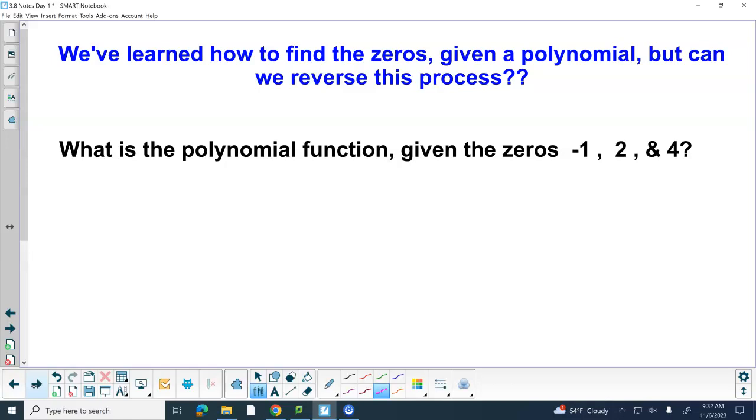And I'm going to ask you to come up with the function, the polynomial function. Okay? Up to this point, we just did 2 of them, in fact, where we started with a function and we worked our way down to the zeros. Now we're going to start on that bottom floor and we're going to work our way up to the penthouse.